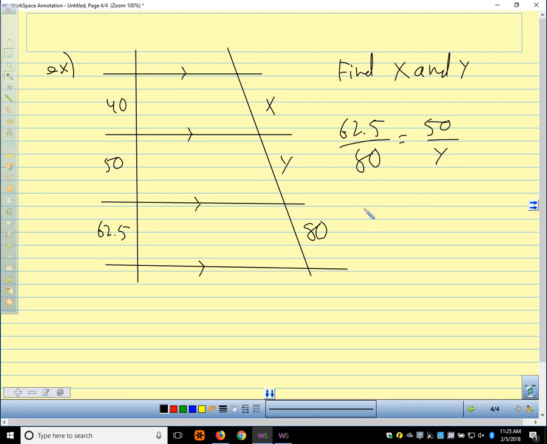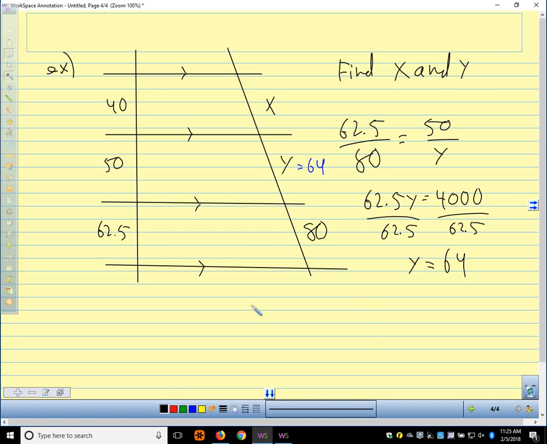So cross multiply, 62.5 y equals 50 times 80, which is 4,000. Divide by 62.5. And when I do that, I get y equals 64. Well, I can do the same thing to solve for x, right?